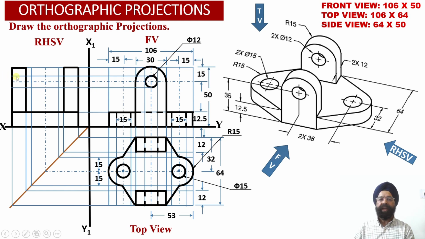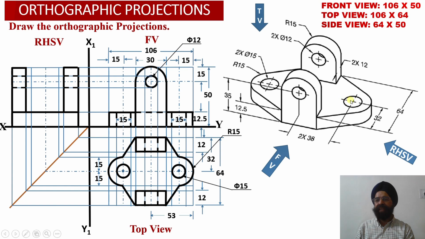Now we can mark the location of these two holes in the vertical elements, element number 2 and element number 3. In the vertical webs, these two holes have been shown using hidden line projections.